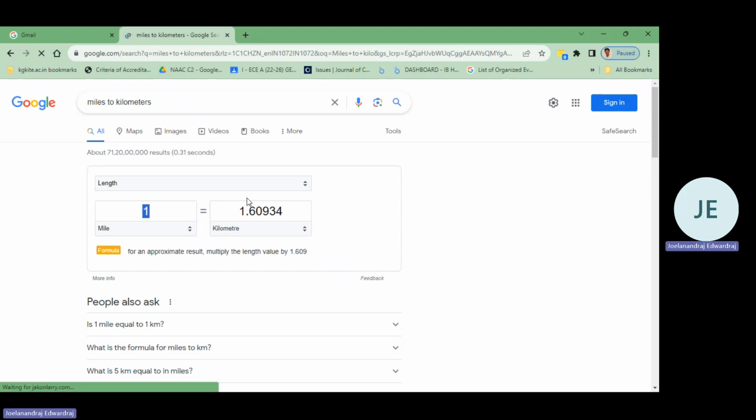Ah, 1.6, sorry. It's 1.6 kilometers. So 1 mile is 1.6 kilometers. If I specify 2 miles, but it is treated as 2 kilometers, the robot uses kilometers and the real value is 3.2.